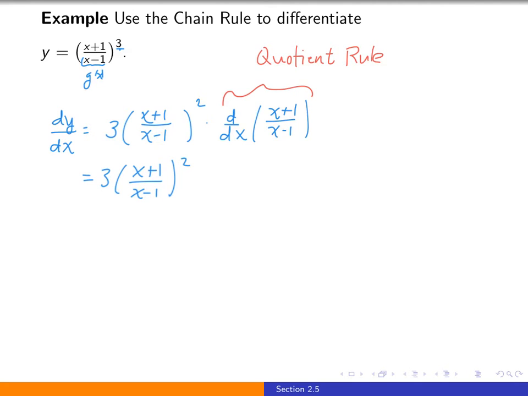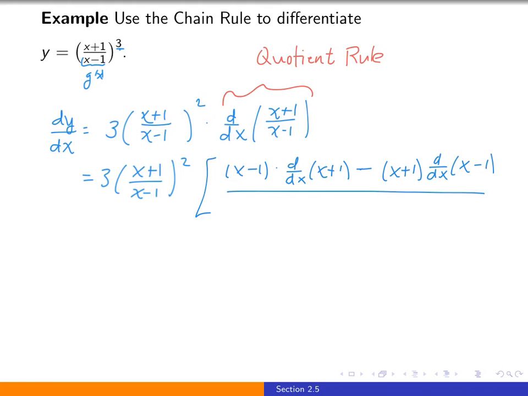So the quotient rule tells us low d high minus high d low all divided by the bottom squared.